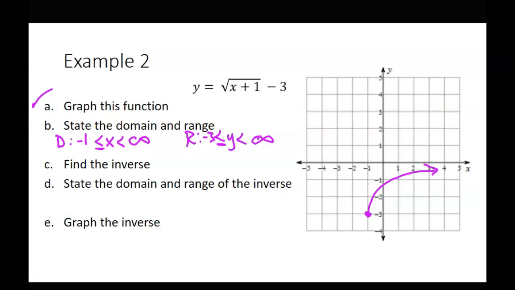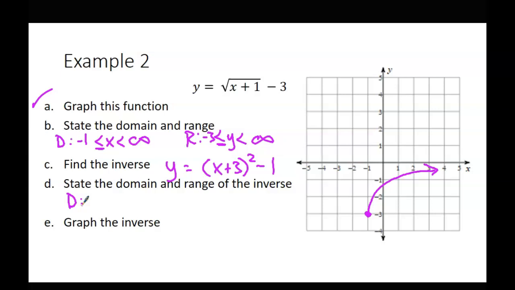Okay, so let's find the inverse. We did that. That was y equals, help me out. Okay, thank you. State the domain and range of the inverse. Let's do that. So now for this, we haven't graphed it yet, but we don't need to.